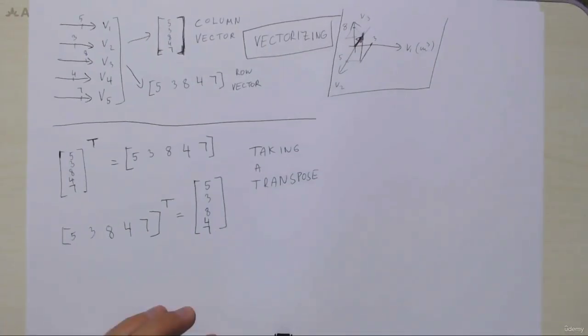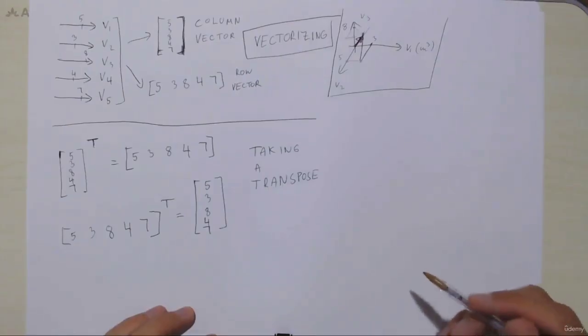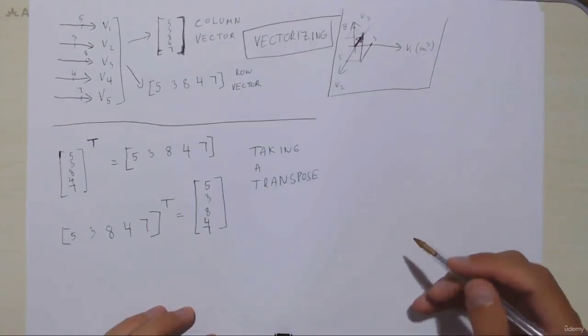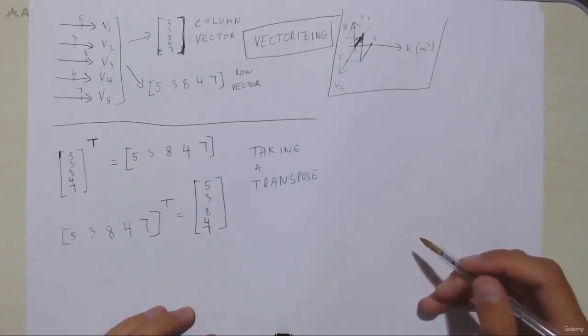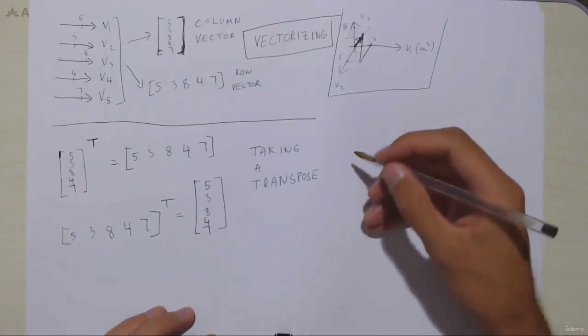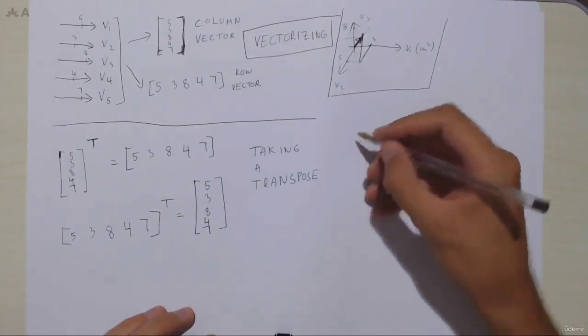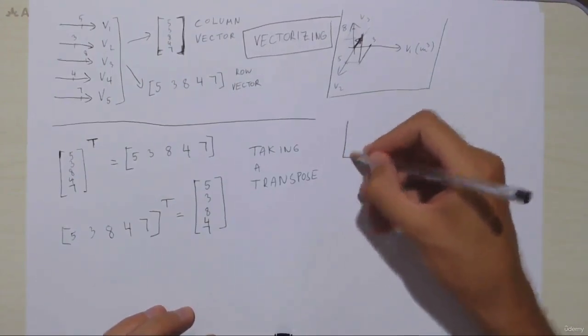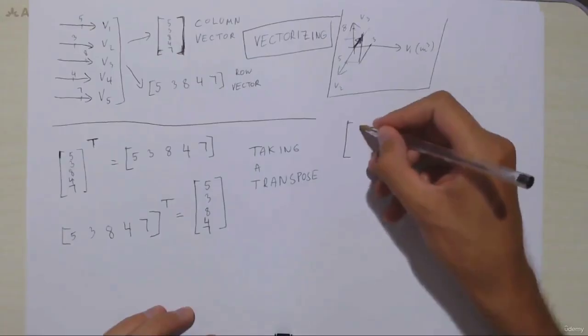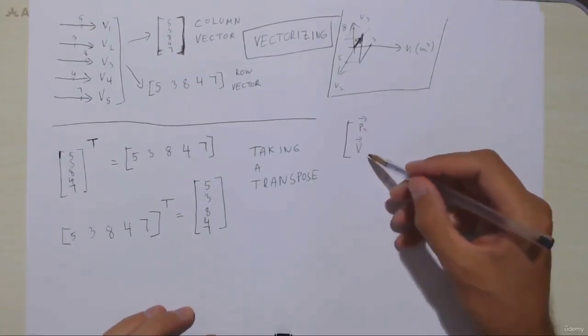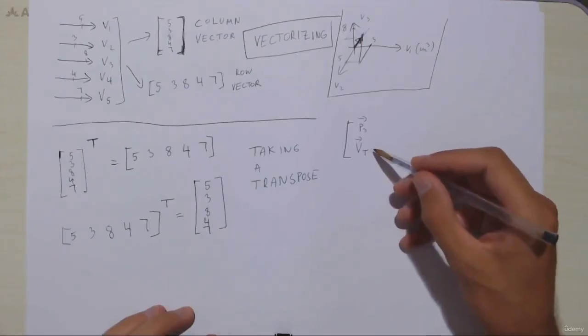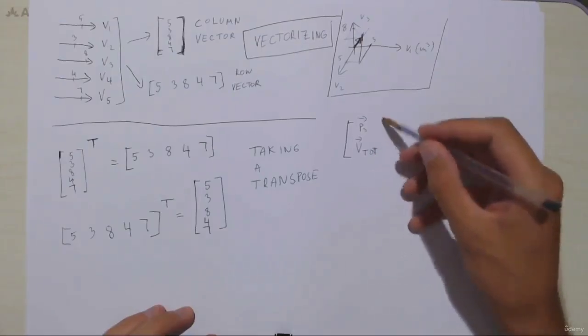I want to have a small disclaimer here. Sometimes people put different natures of vectors into one vector, but that can be confusing. I mean, you can do that, but you have to be careful. For example, sometimes people write the position vector here, and they will also write the volume of the tank vector, the total volume of the tank.